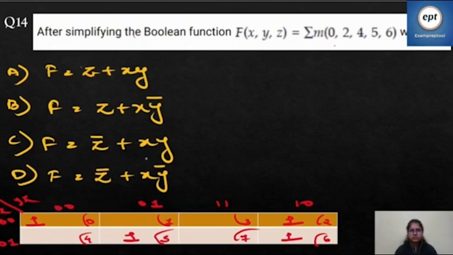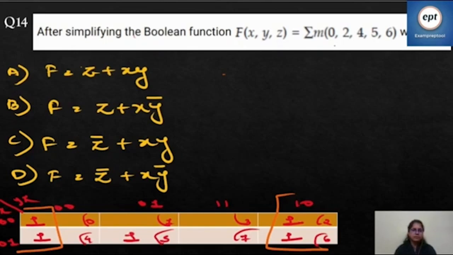Here it is 4 also, so here also we have to write. So this is 0 2 4 5 and 6. The largest group possible you have to see now. You can see this is the largest group possible, so these ones are covered.